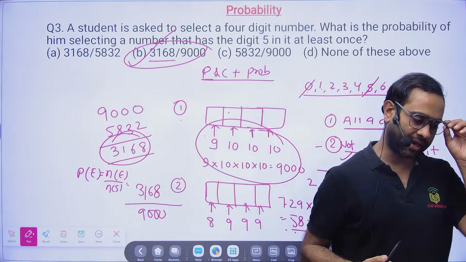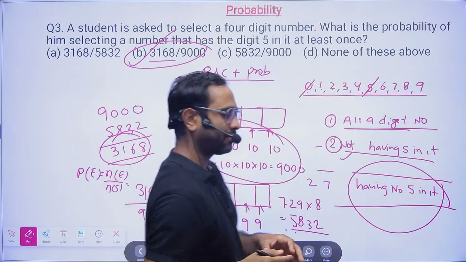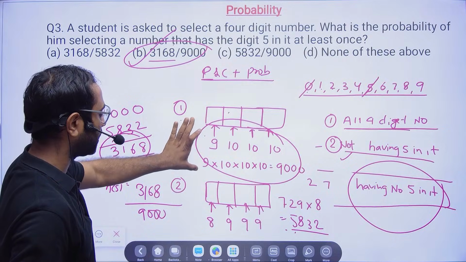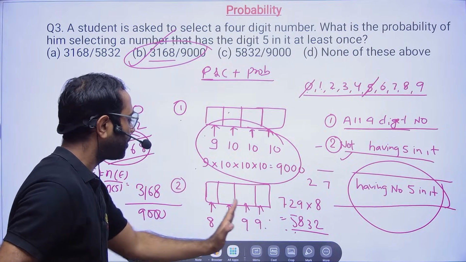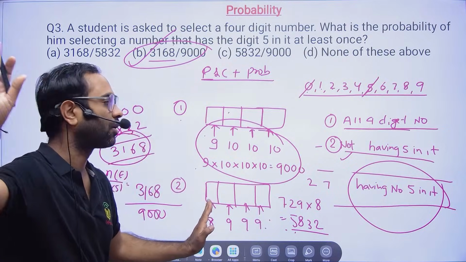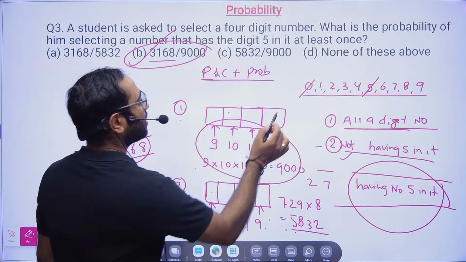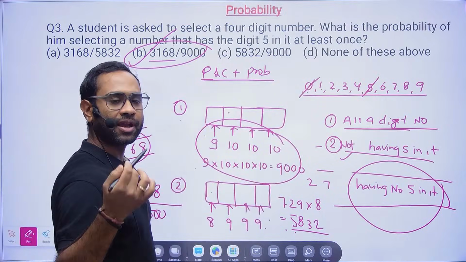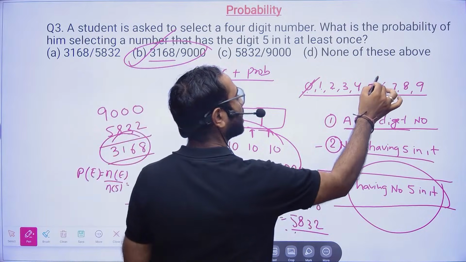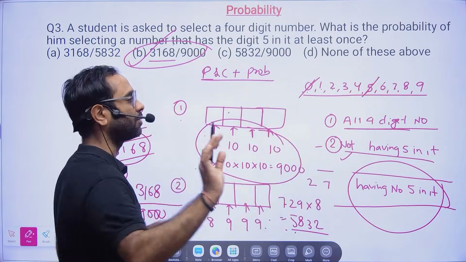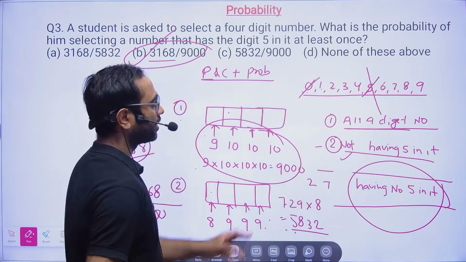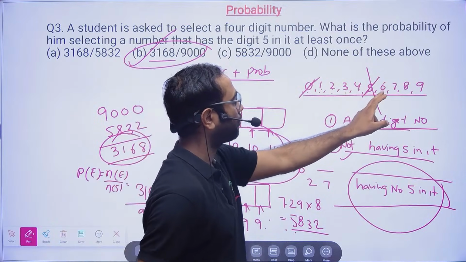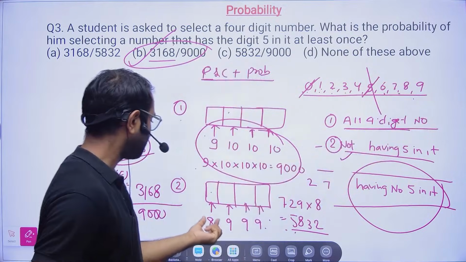So please explain again. So what to explain? See, I found the total number, and then I found the numbers where 5 is not there at all. So at first place 0 cannot come because it will become a 3-digit number, and 5 I do not have to keep, so I am anyway removing it. Then 1 2 3 4 5 6 7 8, I have a total of 8 numbers.